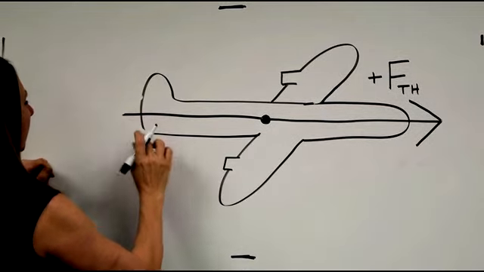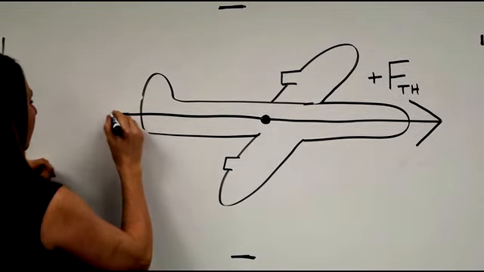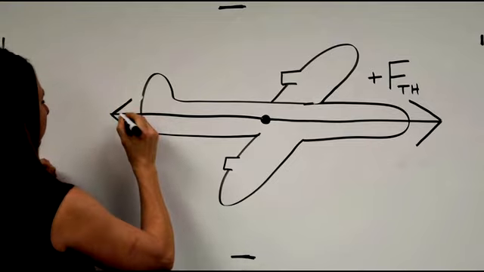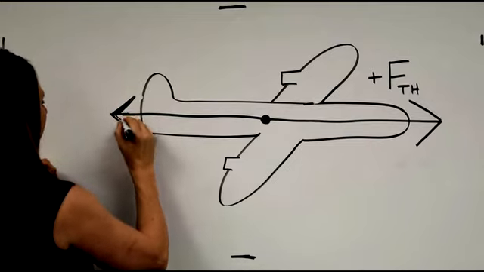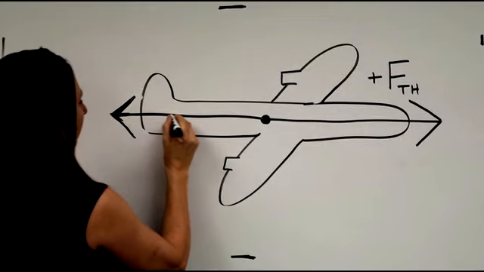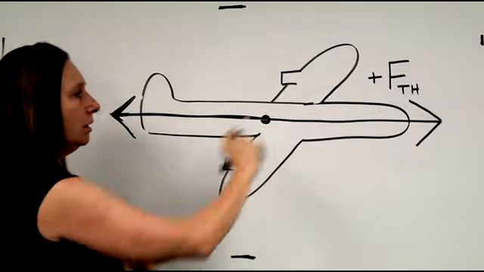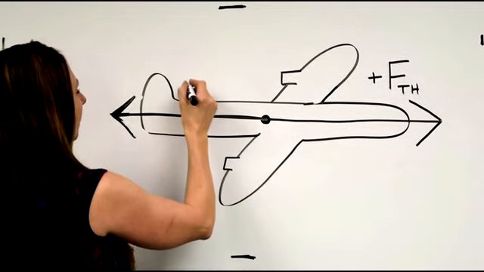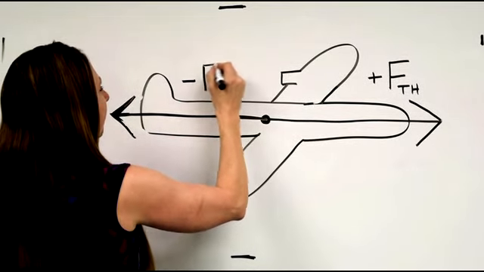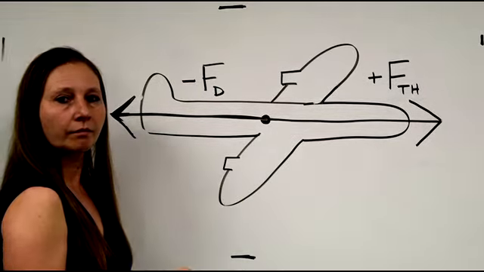Maybe this should be a tiny little bit longer. All right, so there's the drag. And since the drag is opposing the forward motion of the plane, we'll label that negative F_D.